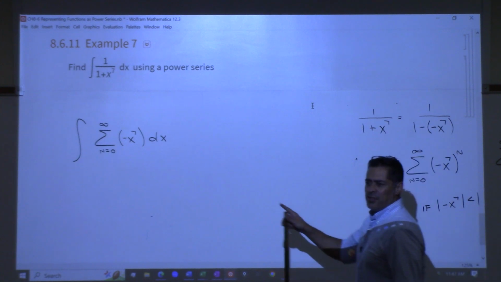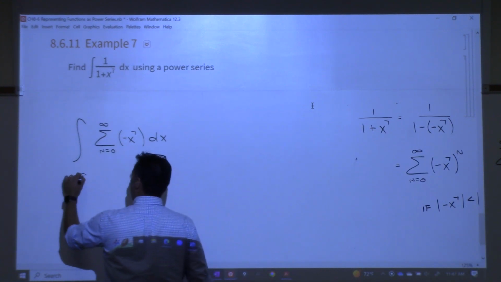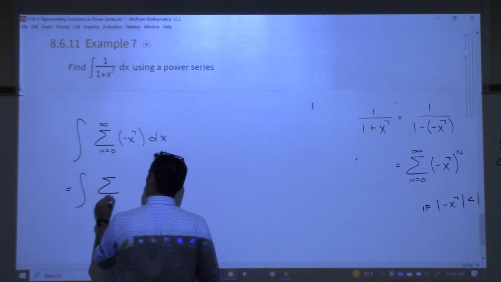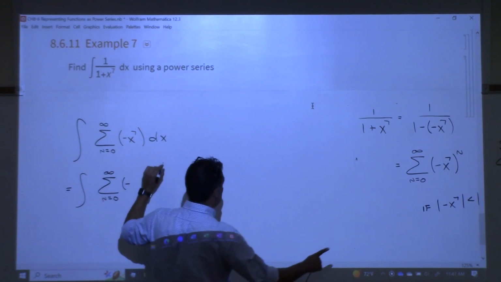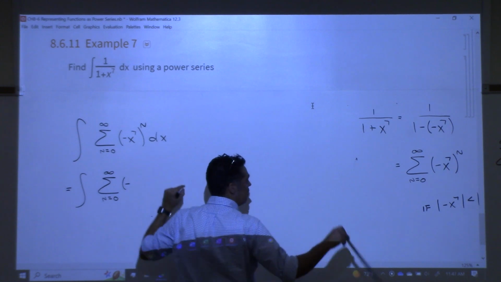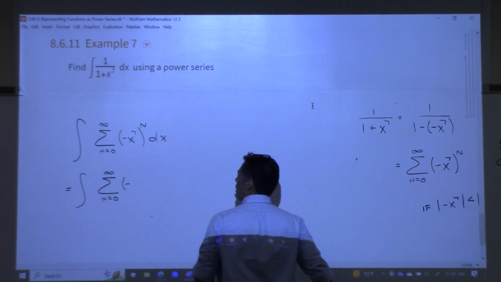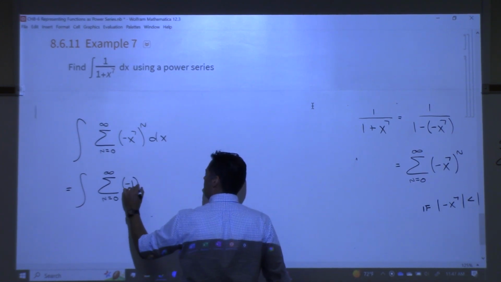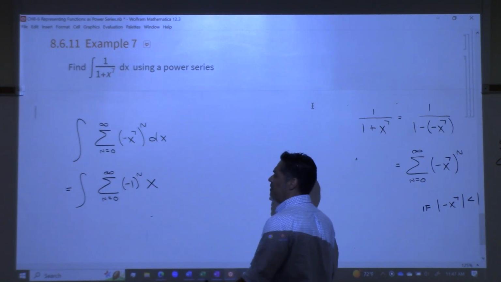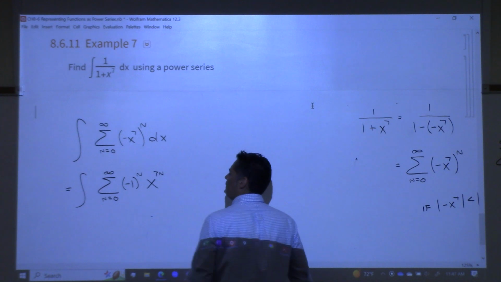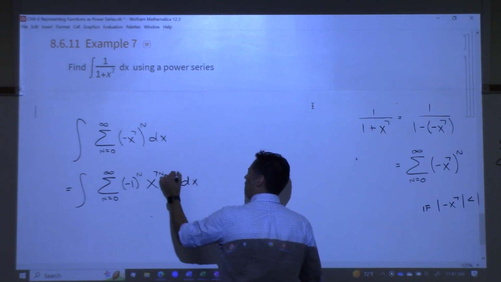And I want to clean this up a little bit more. I'm going to rewrite it as negative, oh, I forgot the n. I'm sorry. I forgot the n over here on this one. I didn't forget it over here, but I forgot to put it over here. So negative 1 to the n, and then x to the 7n. Then dx, right?